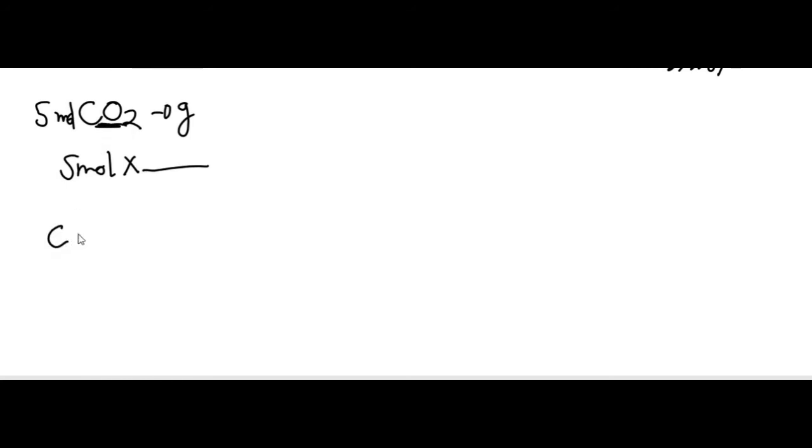So let's get it. 12 is the atomic mass times 1 carbon. Then 16 is the atomic mass of oxygen times 2 because we have 2 oxygen.